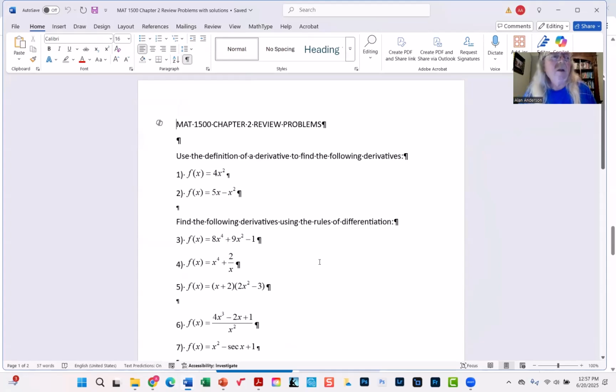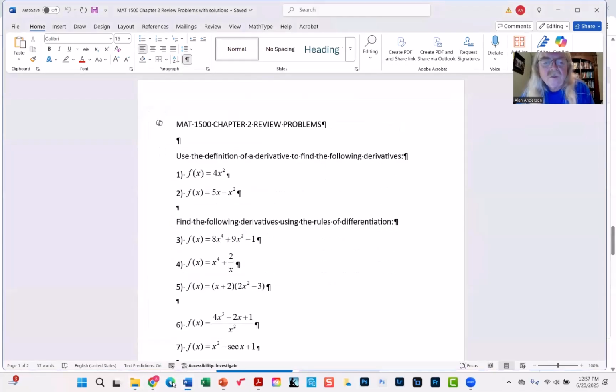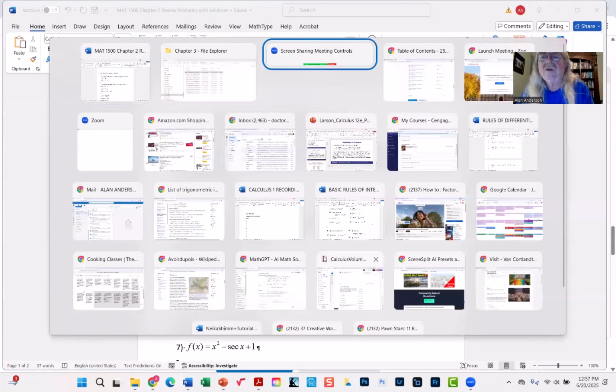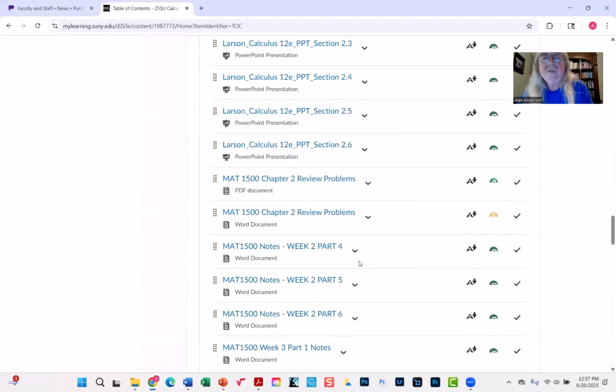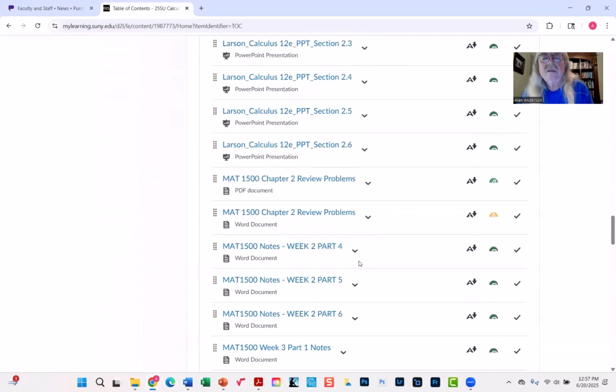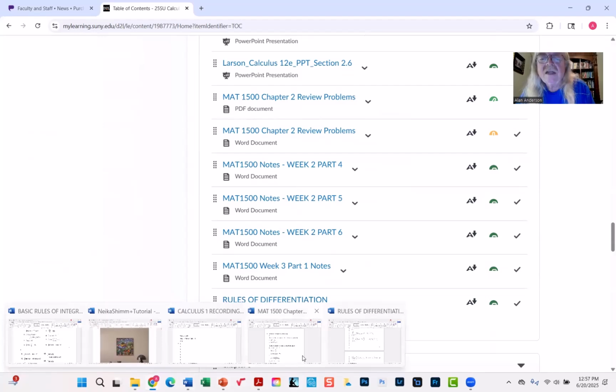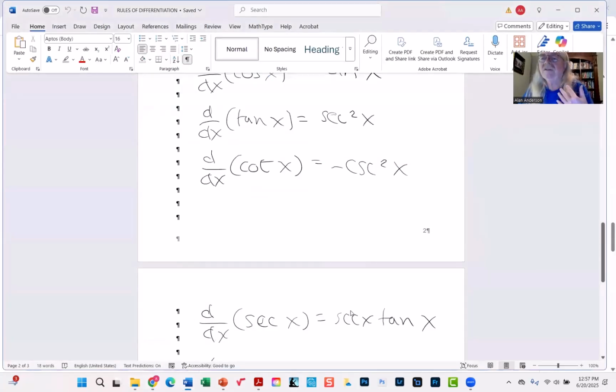Now, of course, oh, and one more thing, I also put together a very handy list of all the rules that we learned, rules of differentiation, and they're also here on Brightspace. There they are. It's called the rules of differentiation. So I sat down and I wrote them all. It's nice to have everything in one place. That's my opinion.